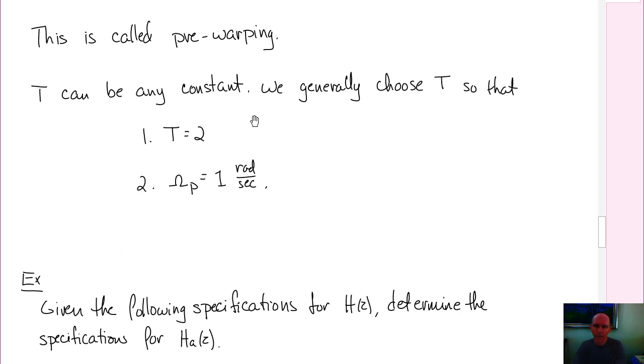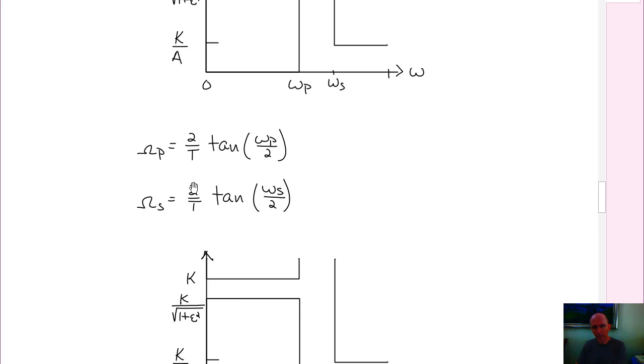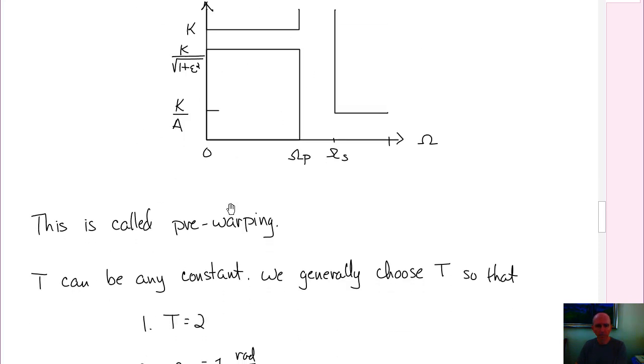Now, the T in the bilinear transformation is a constant. It's not the T that we used in sampling. It's just a constant, and it could actually be anything. Generally, to make our life easier, we choose it in one of two ways. We make T equal to 2, and if we make T equal to 2, this simplifies.